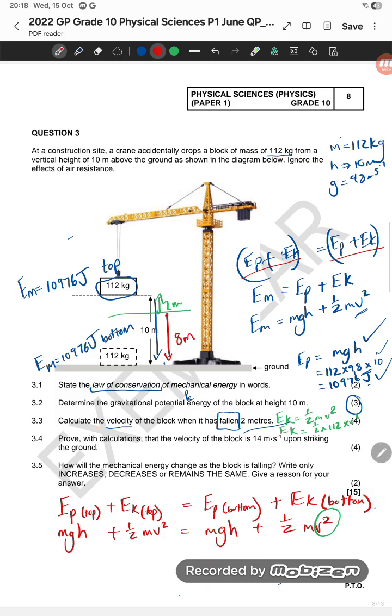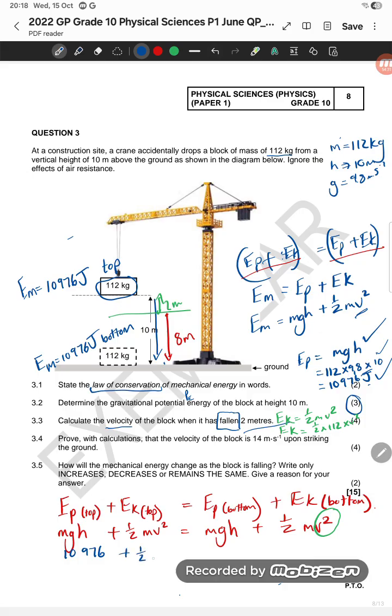Okay, and then we just say, at the top, I've got what I already sorted out in the previous one. I said mgh is going to be 12 times 9.8 times 10, which is 10,976 joules. We don't have to say joules in between.